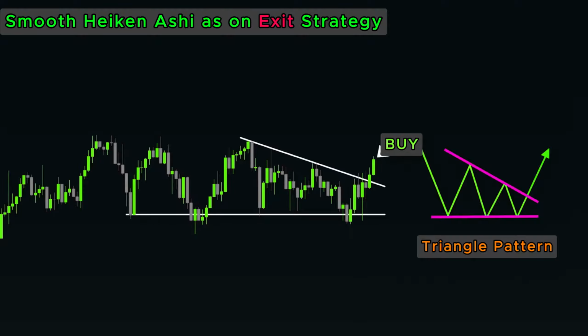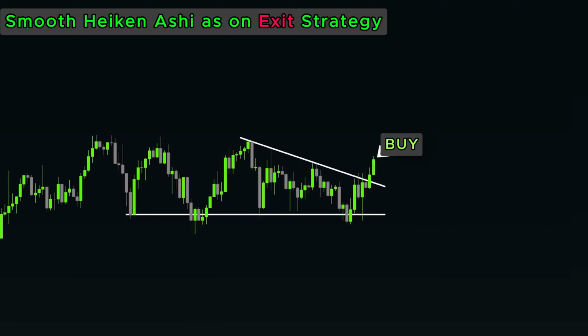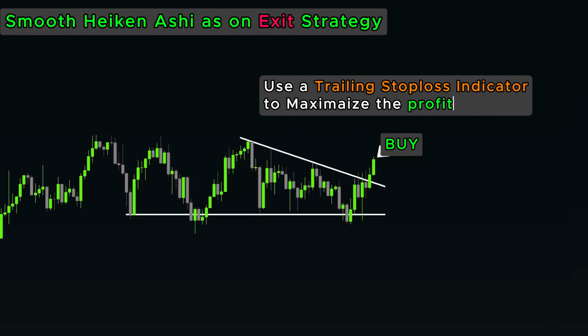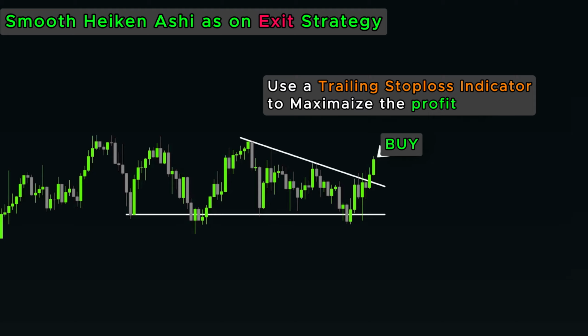Now usually, in a breakout setup like this, it's very common for the price to surge towards one direction, giving us the opportunity to earn massive profits. And so if your take profit target is set too low, you could potentially miss out on a huge profit opportunity. So, to maximize our profits, instead of using a fixed profit target, you can use a trailing stop loss indicator instead.